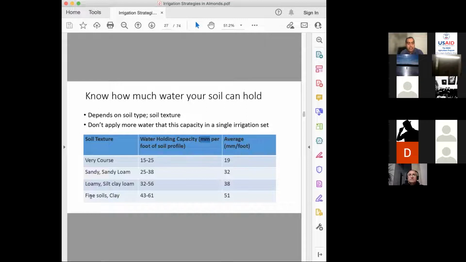And fine clay soils can hold much more water than that, at least 3 to 4 times that water. So this gives you an idea of how much water you can apply at any given time. And we usually apply water for 3 to 4 feet of the root zone, because the almond roots go typically down to 3 or 4 feet.